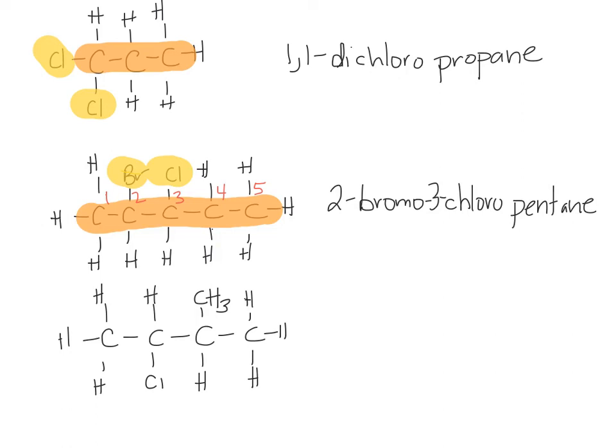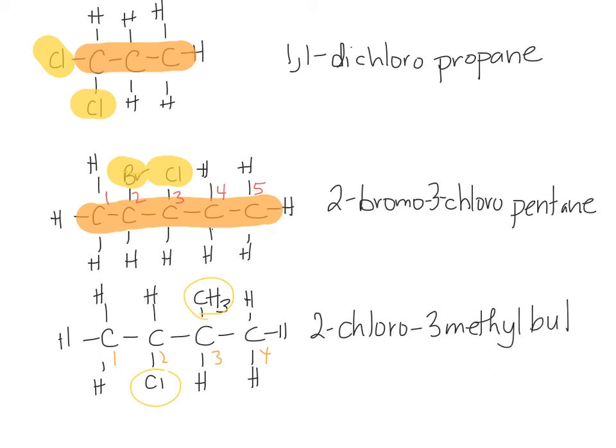We have a chlorine group on the second carbon, counting from this end, so that has priority. Now the other side group is a methyl group. So chloro comes alphabetically before methyl. So this is 2-chloro-3-methyl, and then the longest carbon chain is butane.